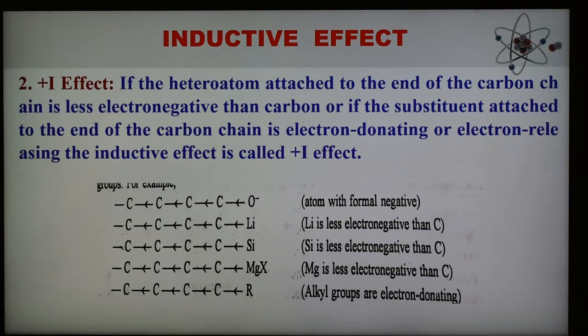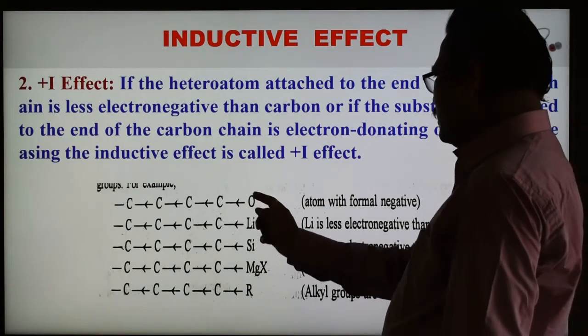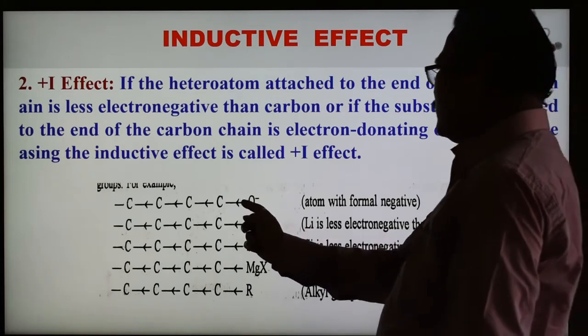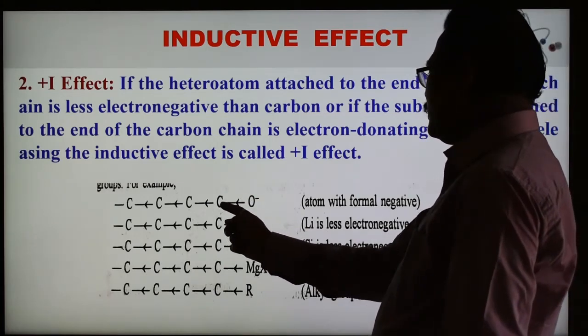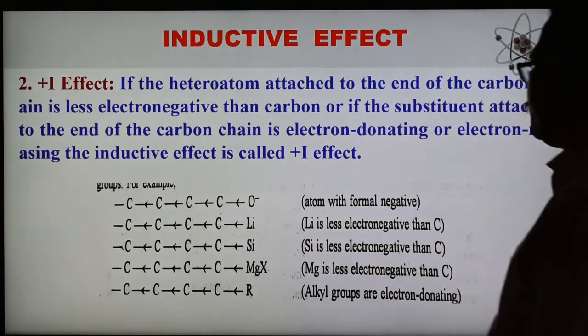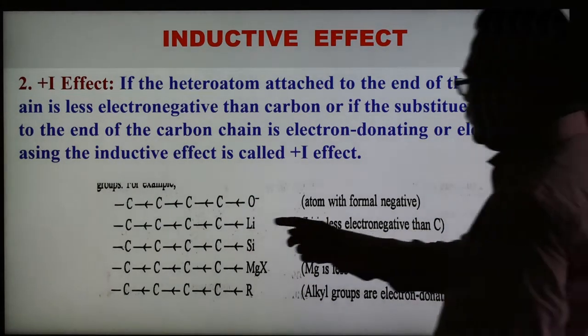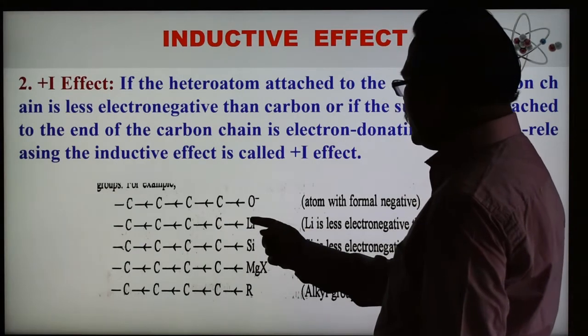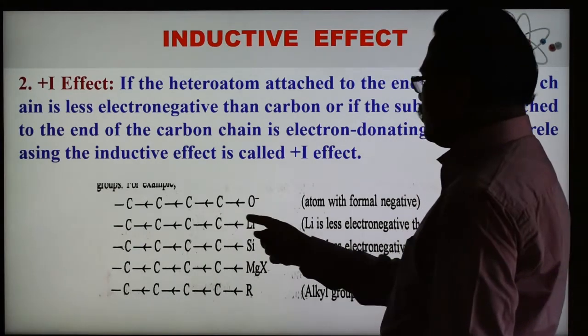This is the atom with formal negative charge, but it is less electronegative than carbon, and therefore this electron pair, negatively charged here, is attracted toward carbon. These are the groups which are releasing electrons.